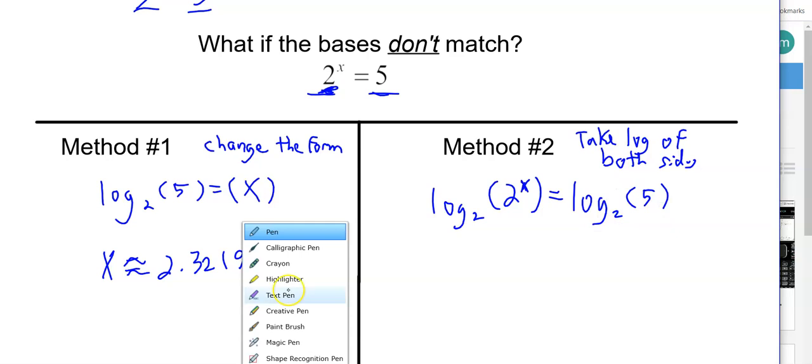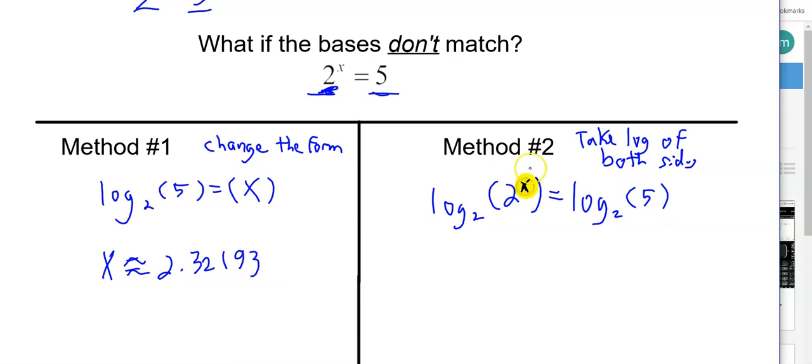If you remember the laws of logarithms, one of the properties is that we can put the exponent in front. So x times log base 2 of 2 equals log base 2 of 5. And hopefully you know log base 2 of 2, 2 to the what power is 2? That's just 1.